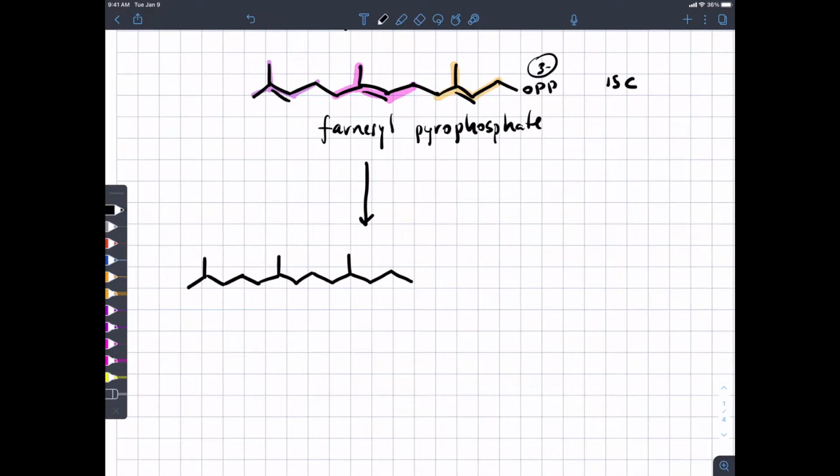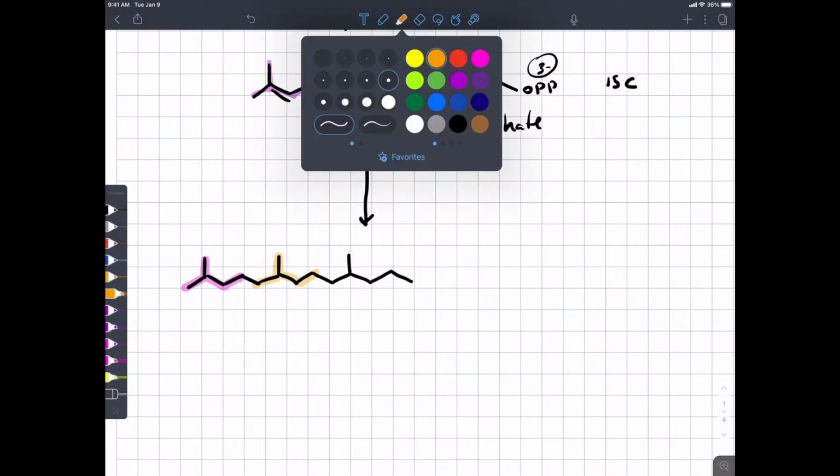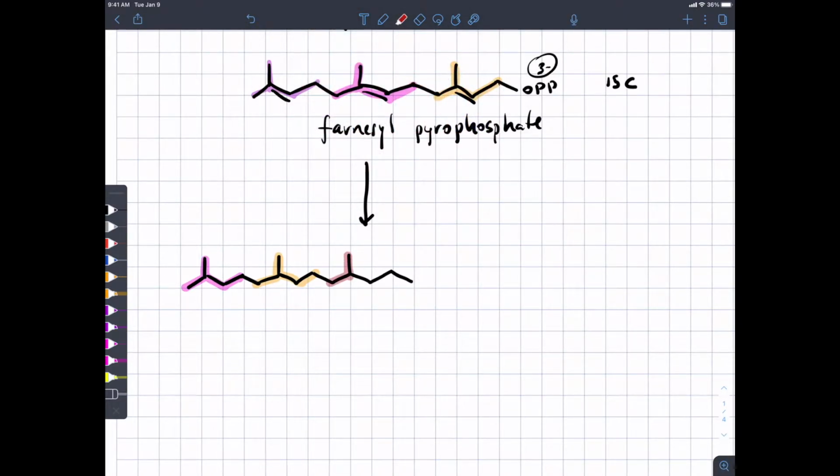So far this looks like just any old terpene. And let's see, I need another color, maybe red.